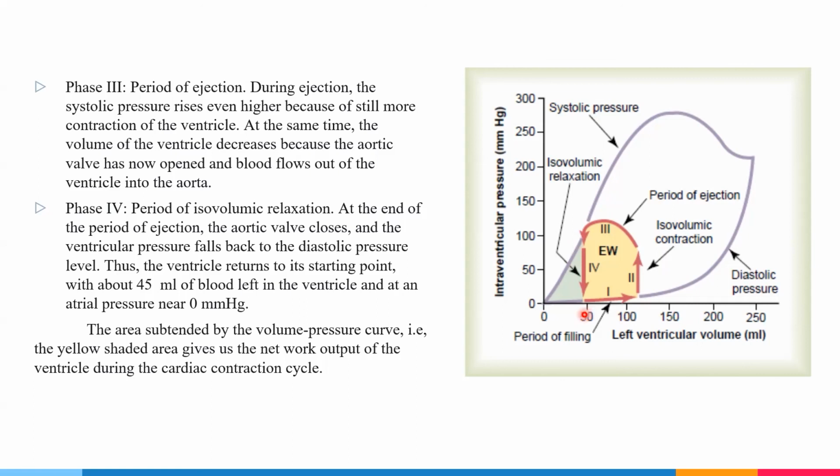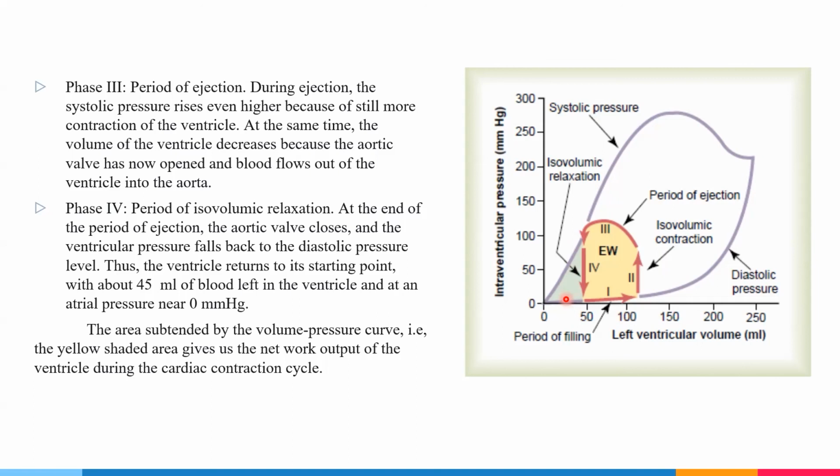Thus, the ventricles return to their original starting point of 45 milliliters of blood left in the ventricles, and around this point there is 0 millimeters of mercury pressure in the atrium. So we return back to the original position that we started from. This cycle continues throughout a person's lifetime.